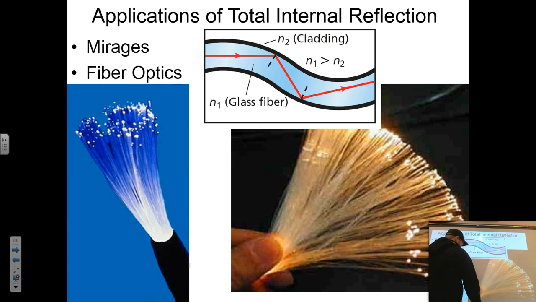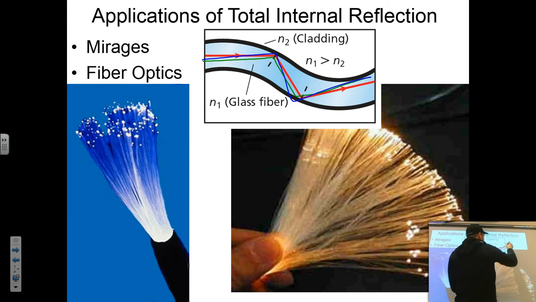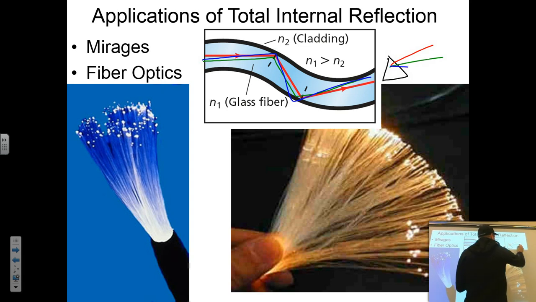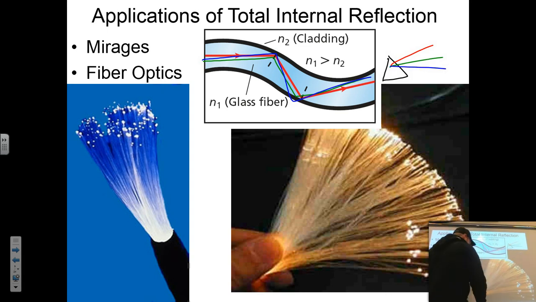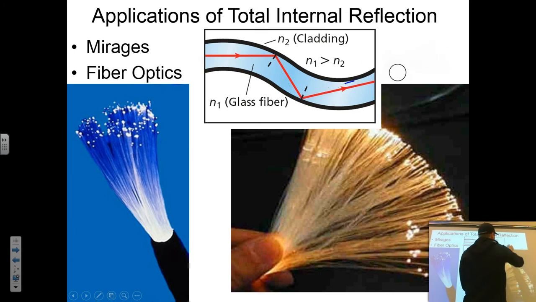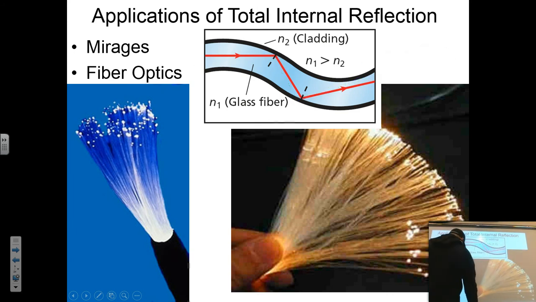You can send a red light, you can send green down here, you can send blue, and they all carry a different message. And at the very end, you put a prism which separates out the red, the green, and the blue, and that way you can get different streams of data all on the same fiber. Not just one stream like a copper wire.